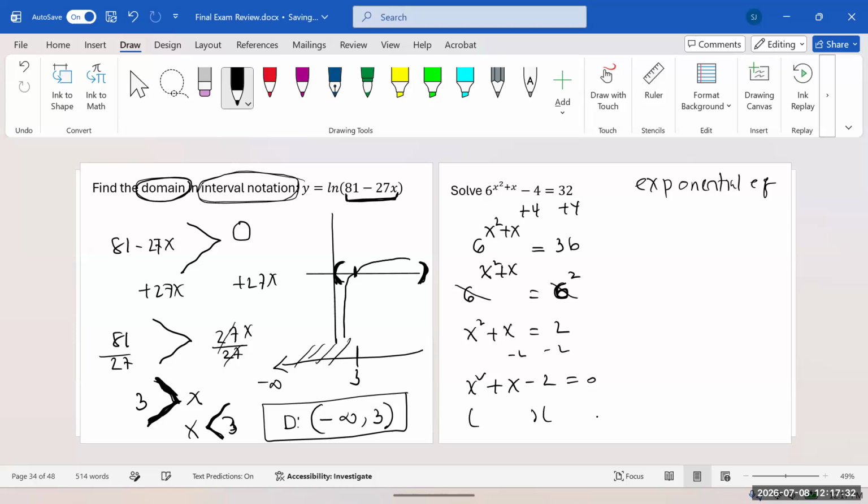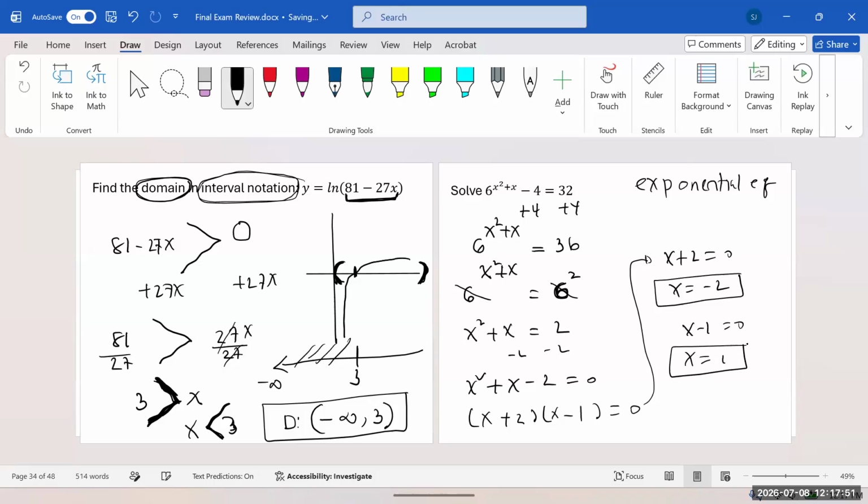Is this factorable? Which two numbers multiply to negative 2 and add up to 1? Positive 2 and negative 1. So x plus 2 equals 0 means x is negative 2. x minus 1 equals 0 means x is positive 1. Exponential has domain everything, so you don't have to worry about the answer. Whatever we get, that's correct.